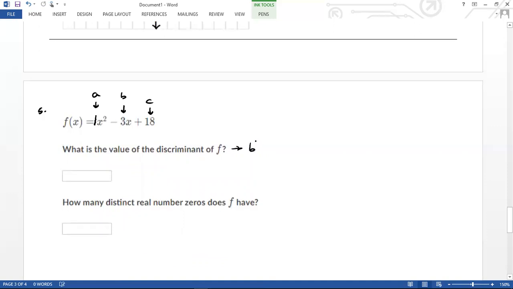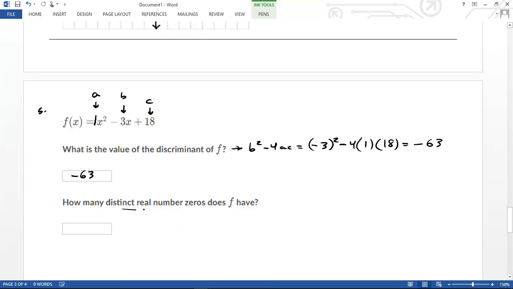The discriminant is b squared minus 4ac. b squared is negative 3 squared minus 4 times a, which is 1, times c, which is 18. Using the calculator, we get negative 63. So you just type that in the box, negative 63.